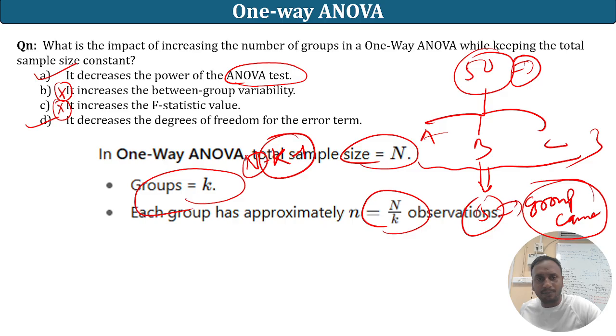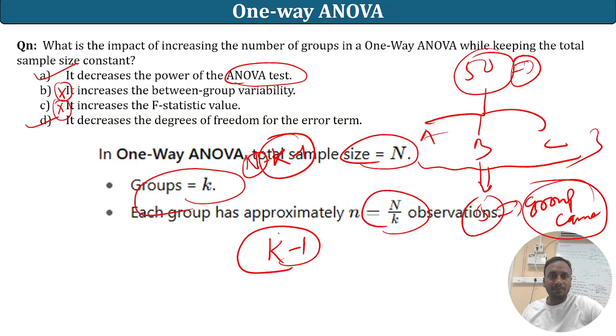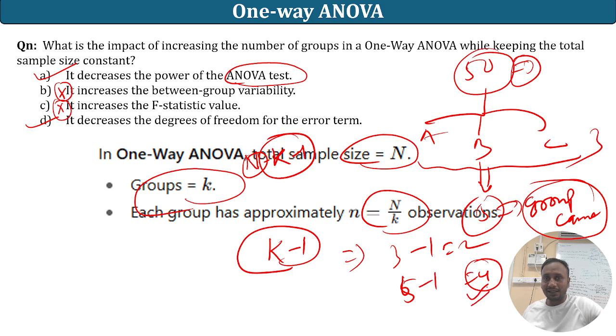I think it's clear now, because the between-group degrees of freedom is k minus 1. If 3 groups gave 2, then 5 groups gives 5 minus 1, which eventually increases that degree of freedom. So this can't be the option either. Is it clear or shall I explain again? We'll use the elimination method.